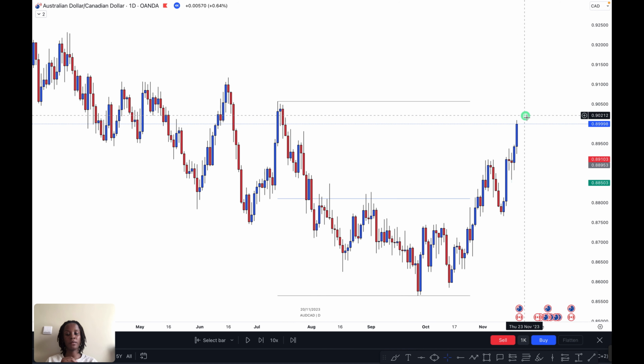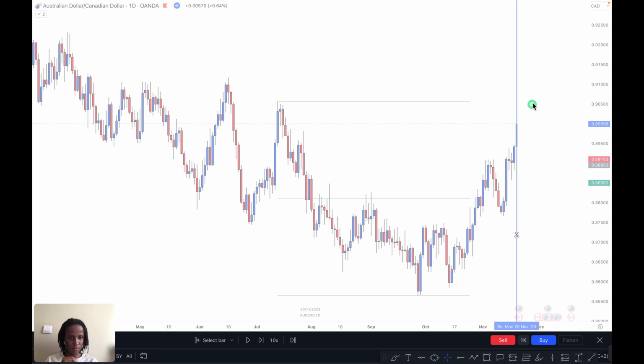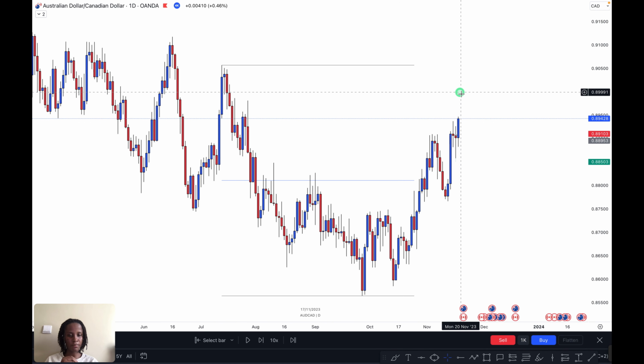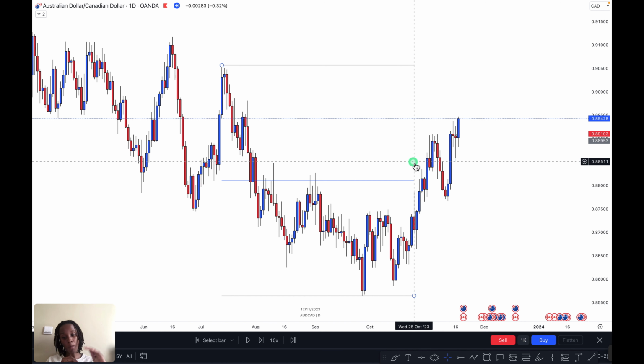After knowing the day, you go to your calendar and see. For you to be selling on Monday, it means Friday needs to have closed bearish. This is Friday here, and you can see it's very bullish. So that automatically makes our Monday invalid.